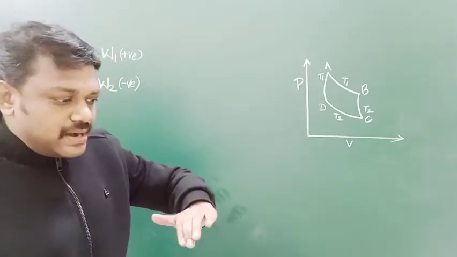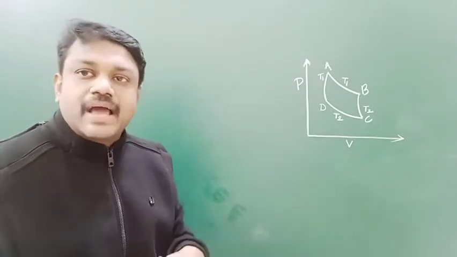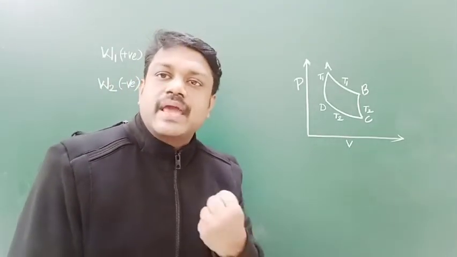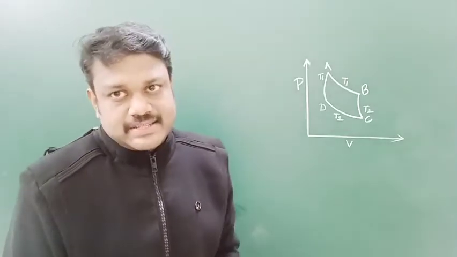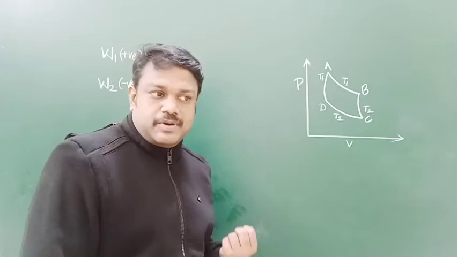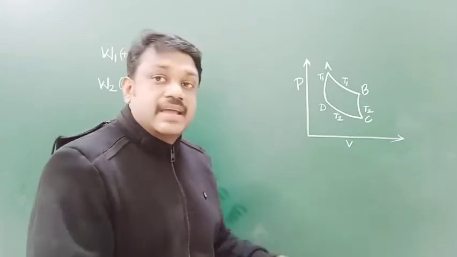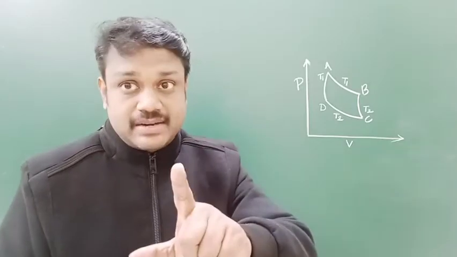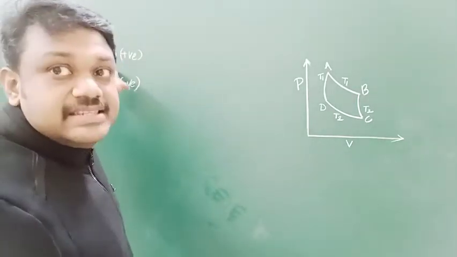W1 is the isothermal expansion. How does it happen? The system absorbs Q1 amount of heat from the source. According to the first law of thermodynamics, that Q1 can be used for two purposes: increasing its internal energy and doing an external expansion work. That expansion work is this W1.